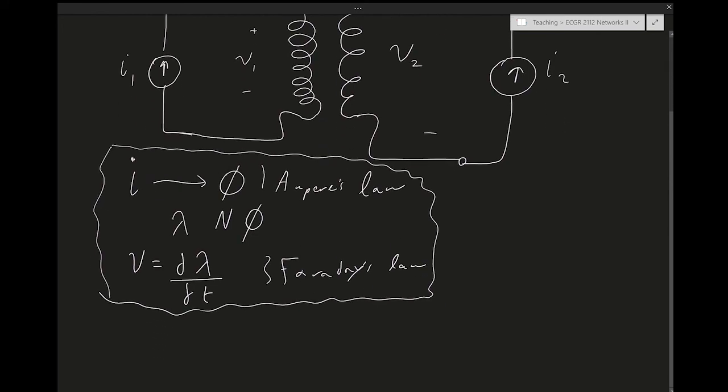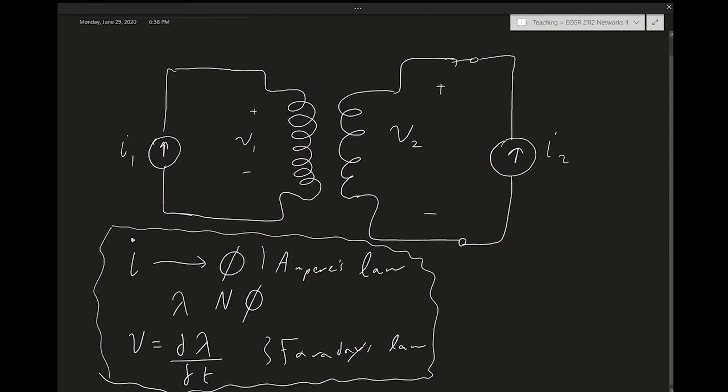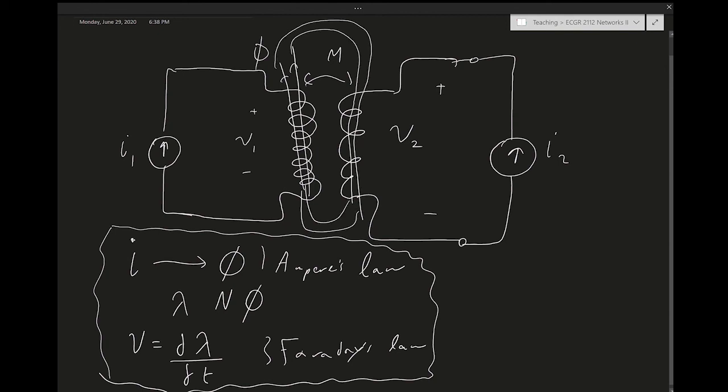In the case of mutual inductance, there's a flux coming out of this coil, and this flux goes back and affects the other coil. It links with the other coil, so that's why we call it linkage. The rate of change of this flux is going to cause voltage and current in the other coil.